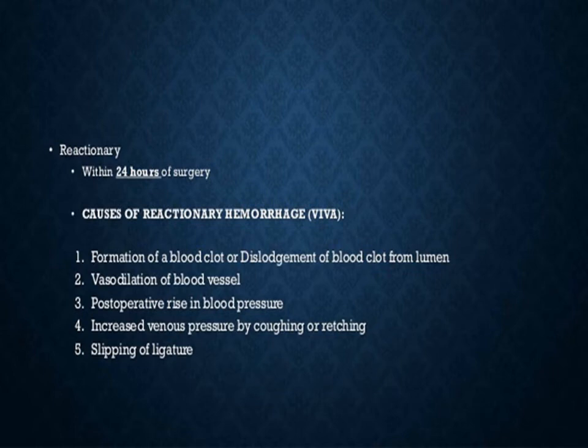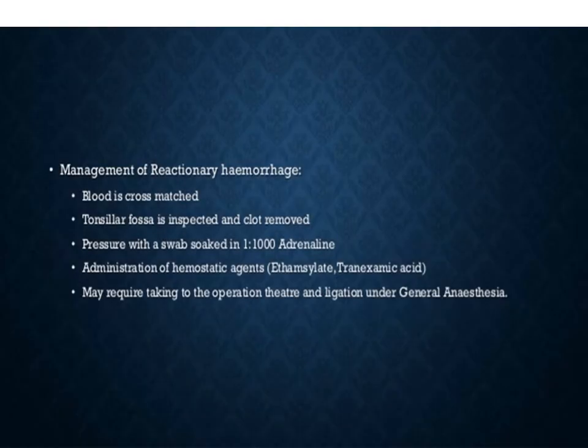Because the blood clot prevents the constrictor muscle from constricting on the bleeding vessels. Second, vasodilatation of blood vessels after operation. Third, postoperative raise in blood pressure. Fourth, increased venous pressure by coughing or retching. And fifth, which depends on the surgeon, is slipping of the ligature, so the ligature should be very tight.